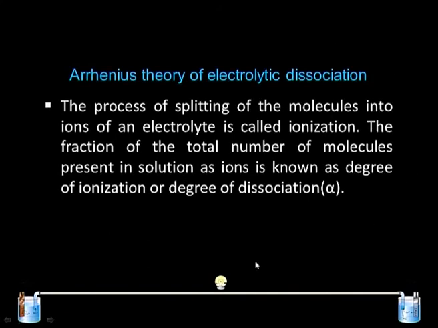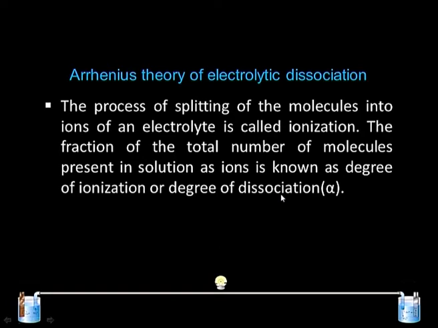Now, the other point of Arrhenius theory is that the term ionization was used, because he assumed that ions have to be formed, though the ions are already there. So, he used the term ionization, but actually the term dissociation has to be used, and dissociation is related with another term, degree of dissociation.